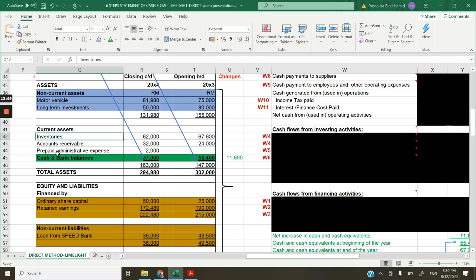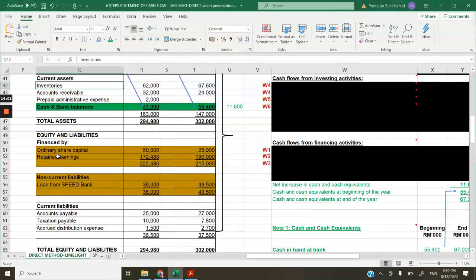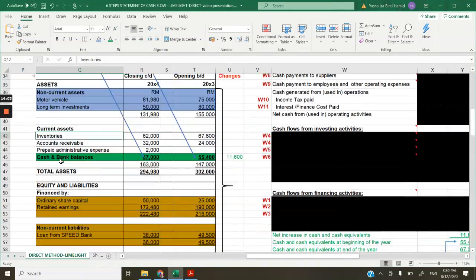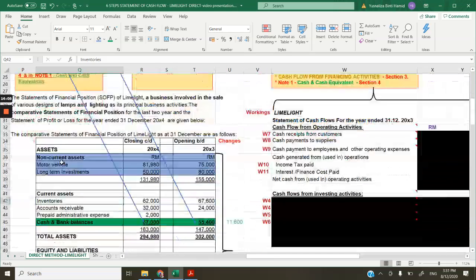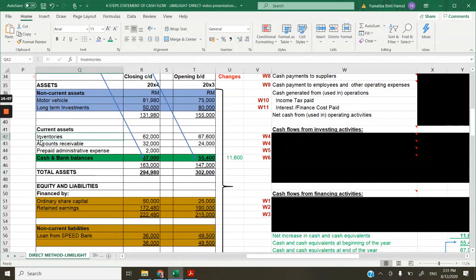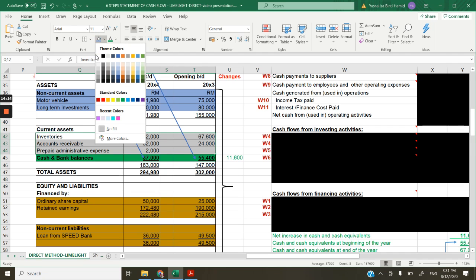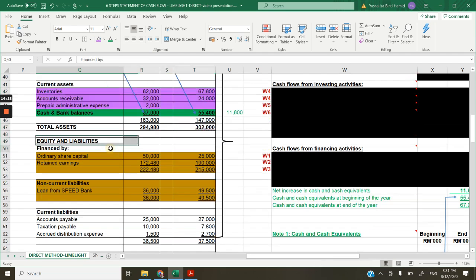So we are about to finish the classification of the information, and the remaining items that you have here will then be from your operating activities, which I will use purple for. Okay, that's my purple. That is also the case for our current assets, which are our operating assets. We need inventories to operate the business.